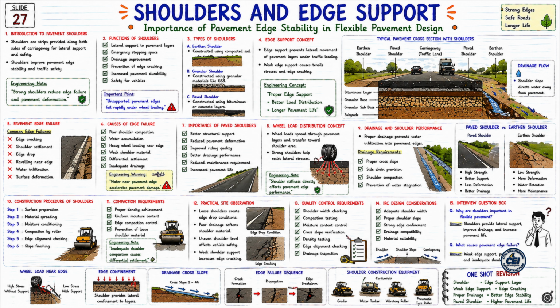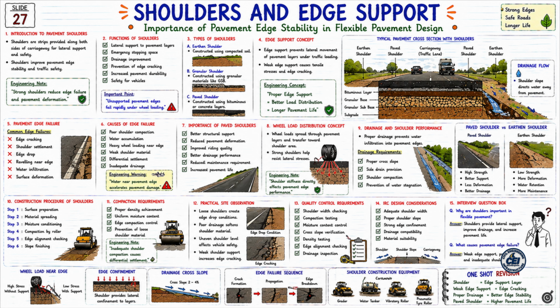Now let us look at the second topic. 2. Functions of shoulders. What are the main functions of shoulders? Lateral support to pavement layers. Emergency stopping space. Drainage improvement. Prevention of edge cracking.